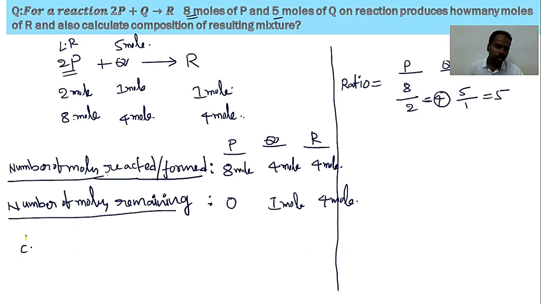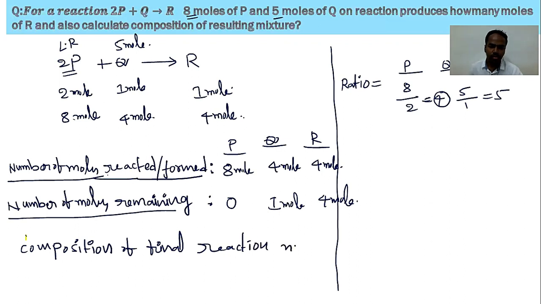So what is the composition of the final reaction mixture? How many moles of P are there? 0 moles, no moles.